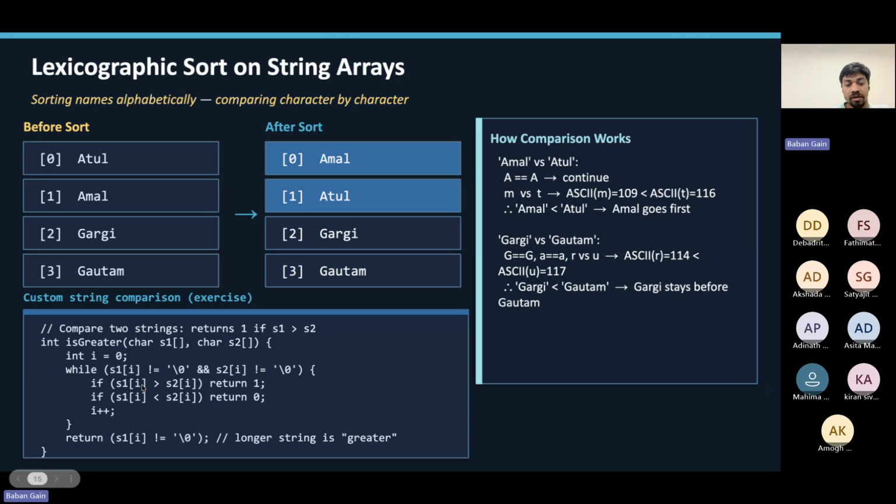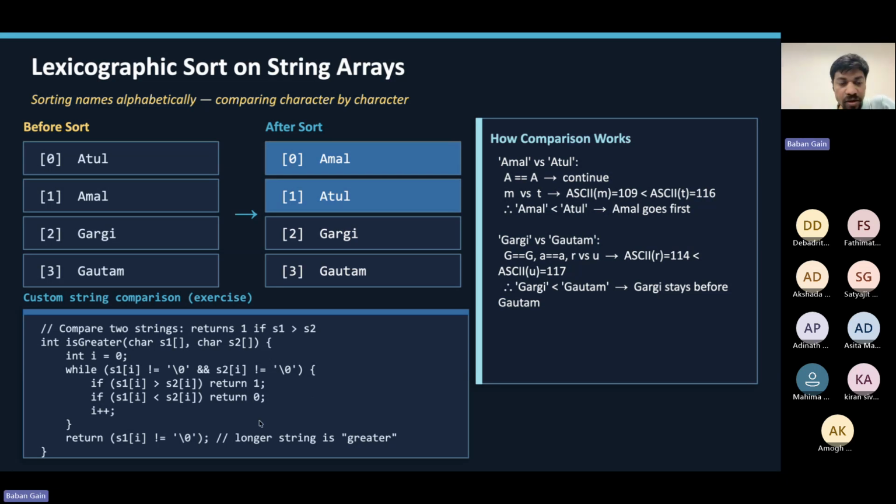Is the first element in the first string greater than the first element in the second string? If it is greater, then I'll return one, that is the first string itself is greater, because we are checking element wise or say index wise. At each position, if the character is greater, then and there we can decide that this is the greater string.